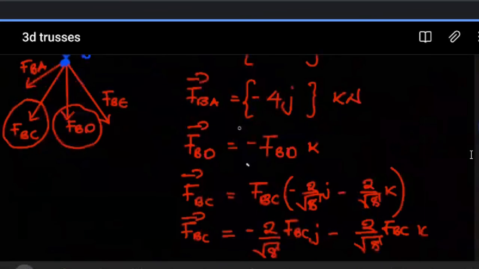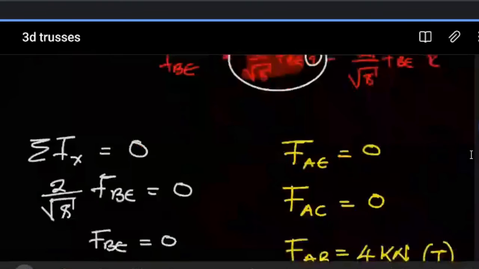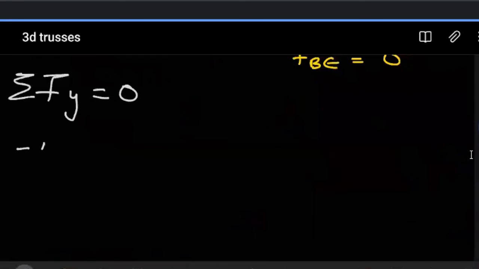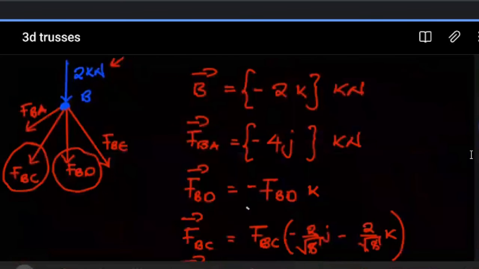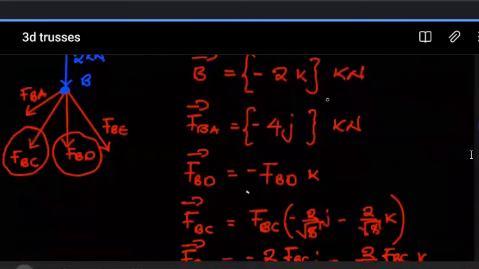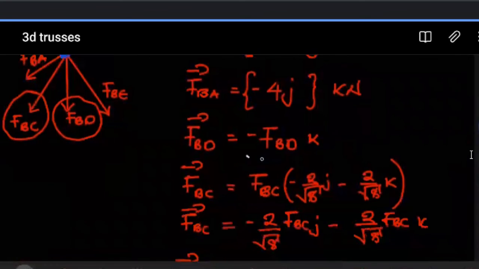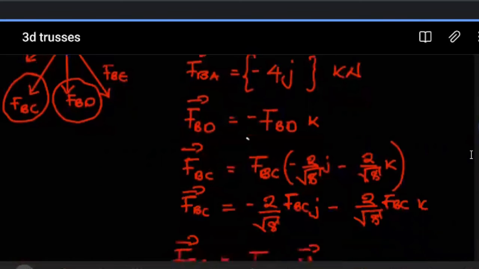And guess what? This one has a y component, which is minus 4j, minus 4. So we have minus 4 as the first y component. Let's check what else is there. B doesn't have one, this we already got. This one is not a y component because this is a k, so that one doesn't have a y component.